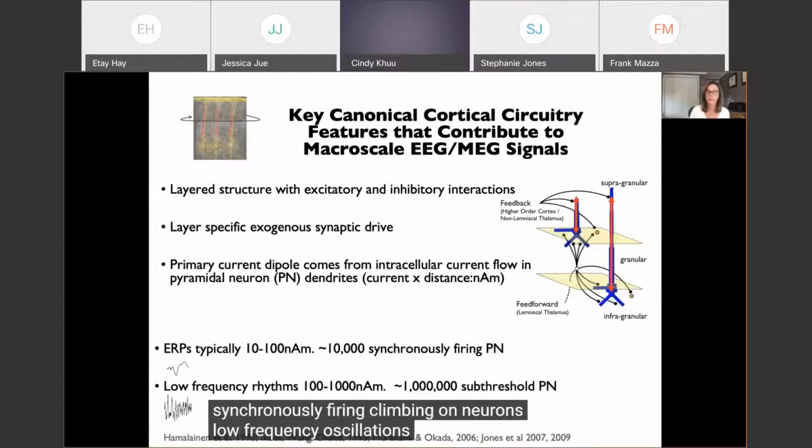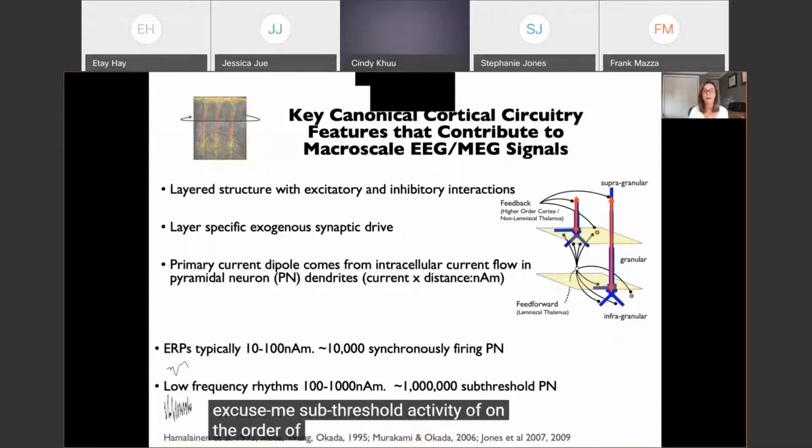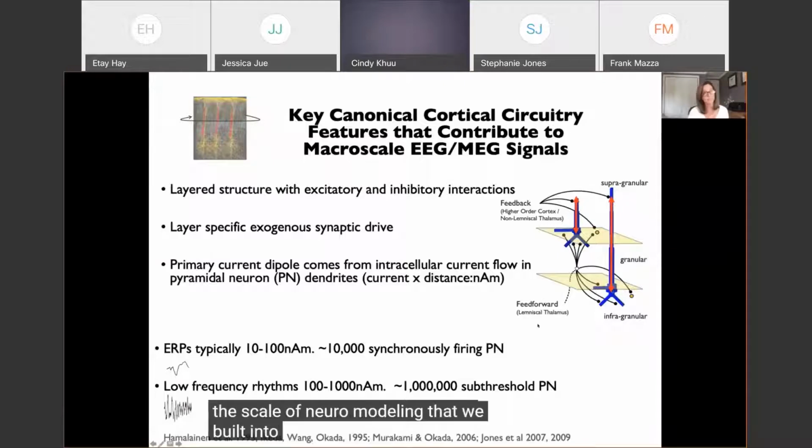Low-frequency oscillations, alpha rhythms, beta rhythms, gamma rhythms, they tend to be larger in amplitude on the order of 100 to 1,000 nanoampere meters, and they're believed to be generated by the subthreshold activity of on the order of 1 million neurons. And so this is the scale of neuromodeling that we built into HNN.